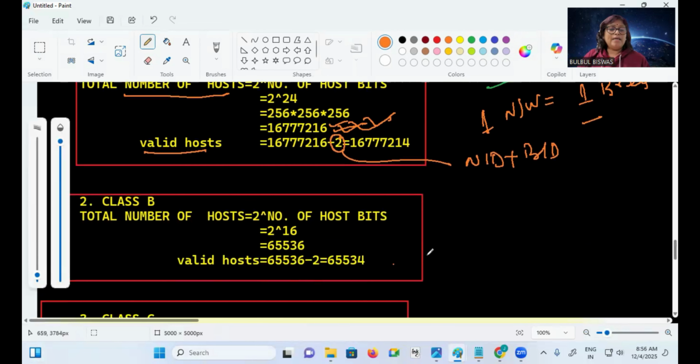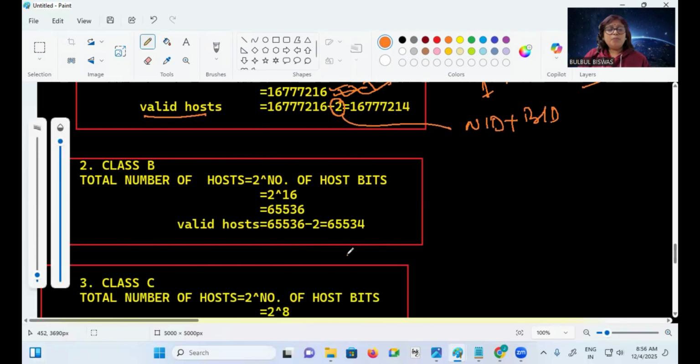Same way, you come to class B. In class B, the formula is 2 to the power of the number of host bits. In class B, 16 bits are reserved for host. So 2 to the power 16 is 65,536. This is the total host addresses.